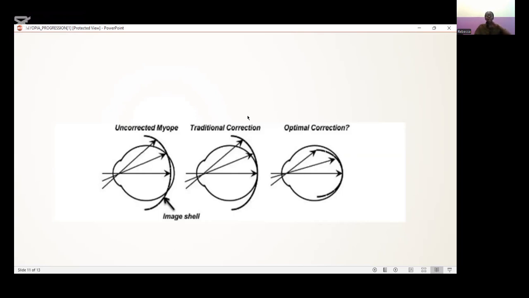I hope this is going to make more sense when you connect it with, for example, the DIMS lenses that we have seen before. This is what we are trying to achieve with the DIMS lenses. This is what we are trying to achieve with the multifocal contact lenses, so that we ensure the image is not causing a hyperopic defocus. Let's move to the next slide.